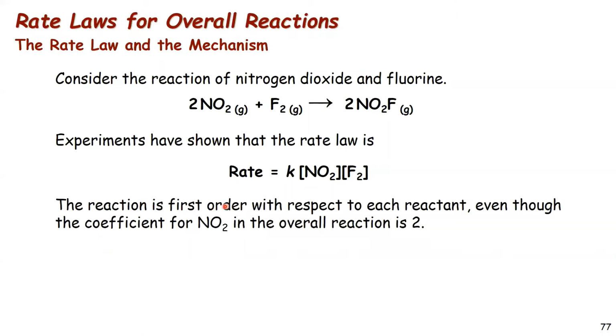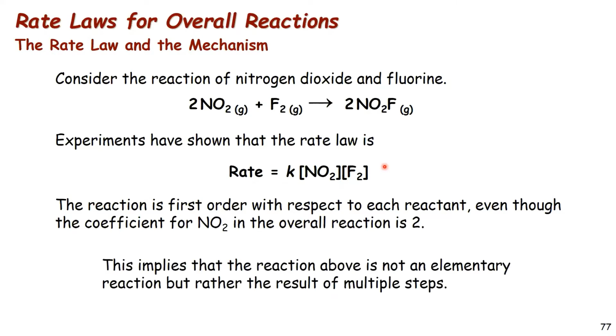So the reaction is first order with respect to both, and since this is first order and first order, the overall reaction will be second order. And this is all I'm saying: this implies that the reaction isn't an elementary step by itself.